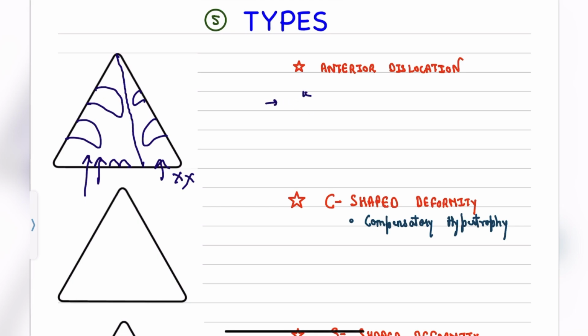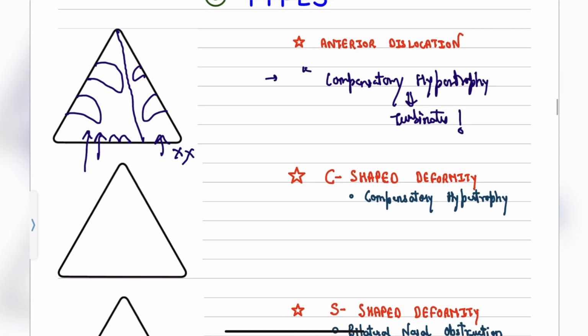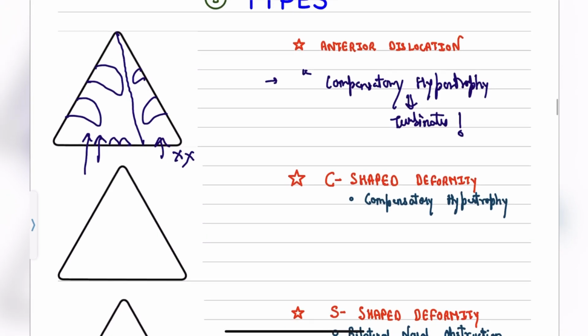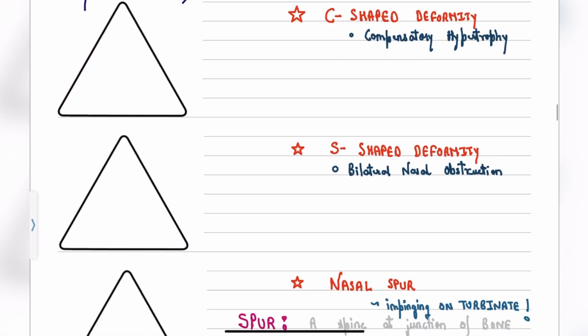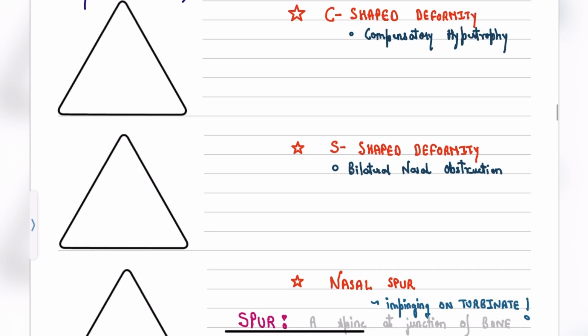A phenomenon known as compensatory hypertrophy of what? Of the turbinates. All right. So this was the case of anterior dislocation. Now the second case we have is the C-shaped deformity.